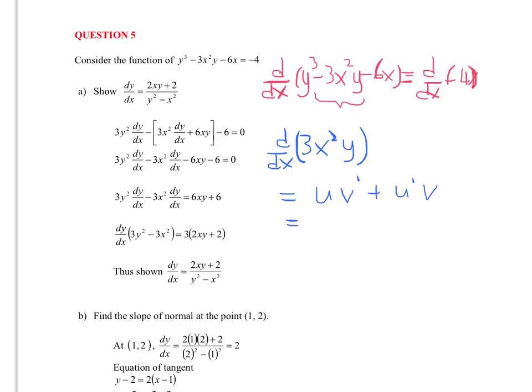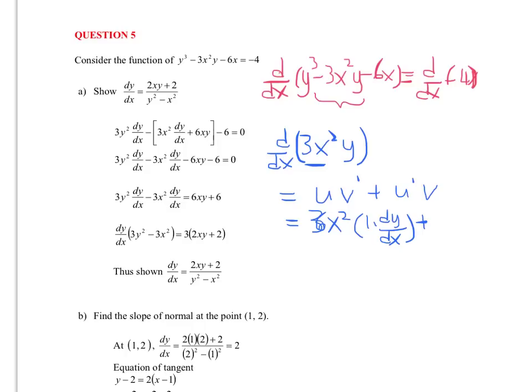Because the u is 3x squared, u prime becomes 6x. And the v, because we think of y as a v, when you differentiate y, it becomes 1, but because it's an implicit differentiation, it's 1 times dy/dx. You always need to do that, times the dy/dx when it's implicit.